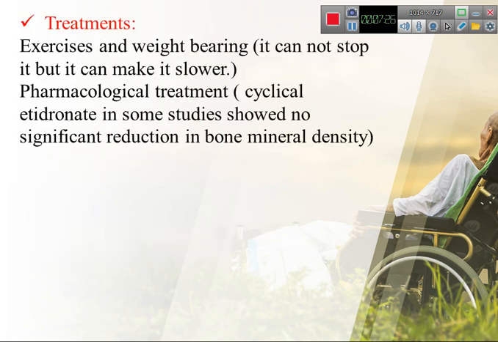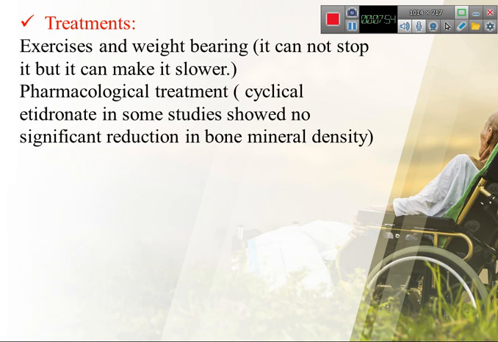Okay, we should prevent the bone from becoming osteoporotic. What can we do? Exercises like weight-bearing exercises. As the studies said, it cannot stop it, but it can make it slower.